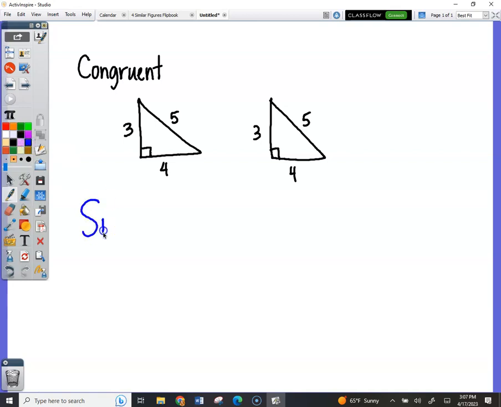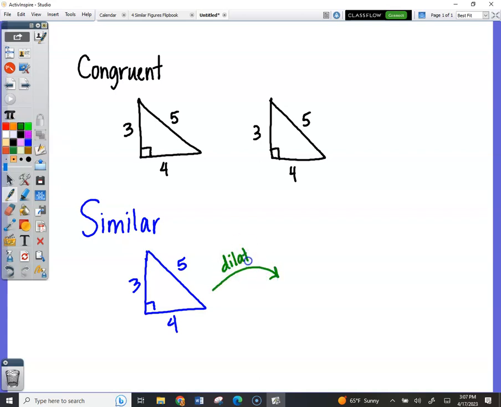Enter today's lesson, where instead of them being congruent, they are what's called similar. So for instance, let's say you have a 3, 4, 5 triangle that is dilated.